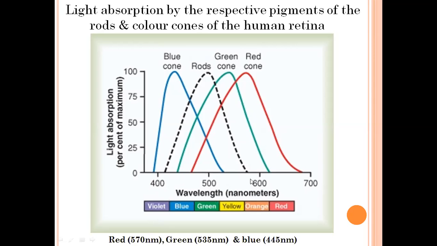So different colors, because of the different wavelength of light arising from that particular object, help us to identify that particular color. If the wavelength of light received from the object is 570 nanometer, that means it is red color.